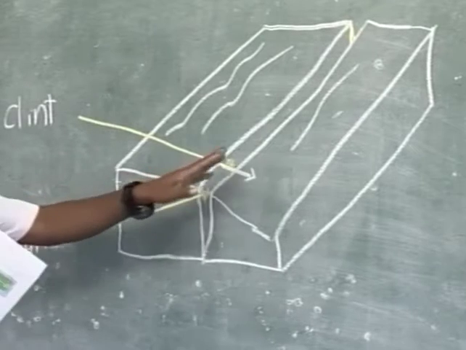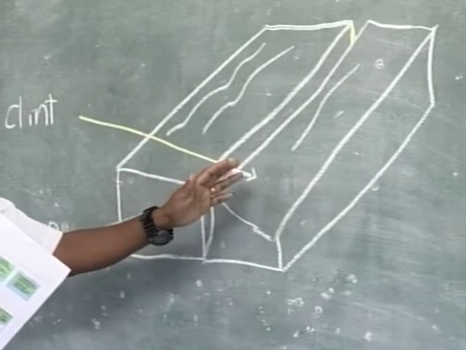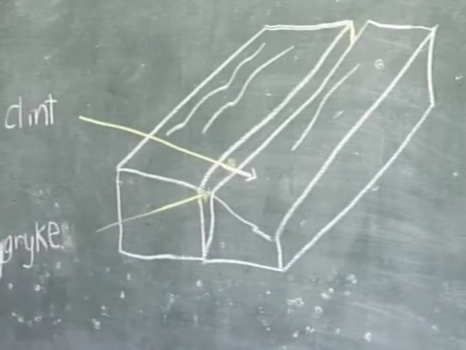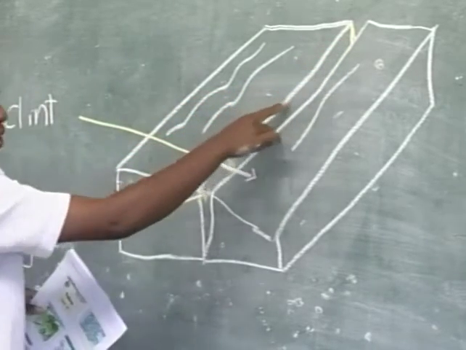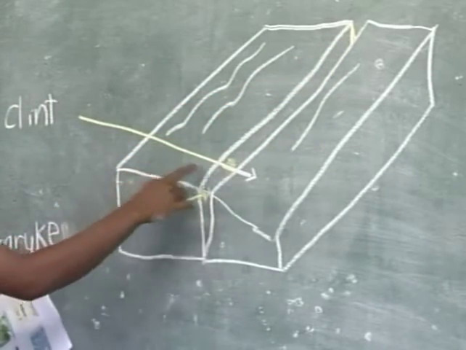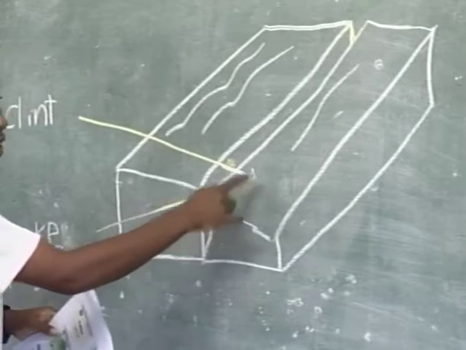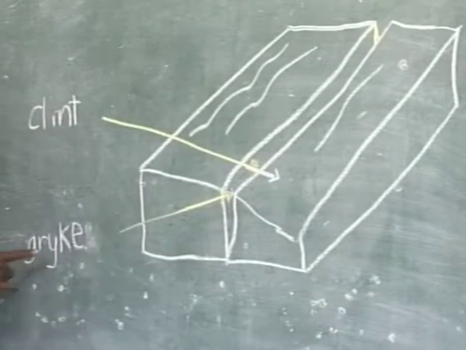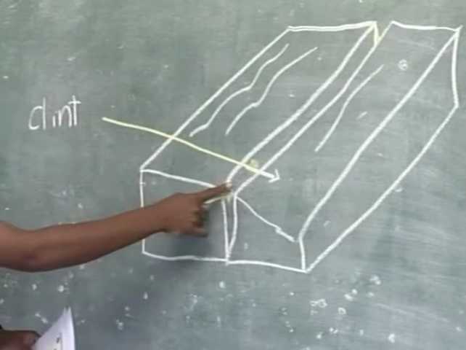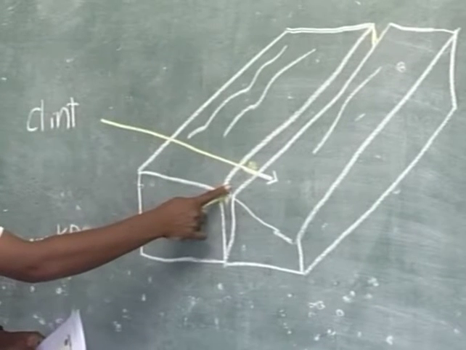Check. The diagram you can see, he has actually constructed that prior to our lesson. He has shown here the gap which is between those blocks that have been left upstanding. That gap is referred to as the grike. And that gap is actually created as a result of chemical weathering.